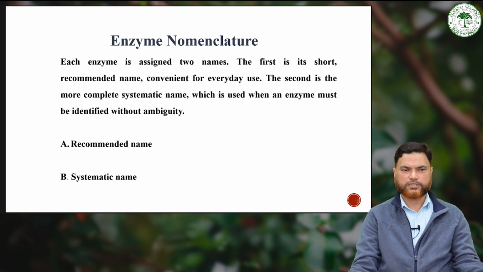So, the systematic name, you see, is the naming of enzymes by convention. Enzymes are categorized into 6 major classes, each with numerous subgroups, and the systematic name assigns the suffix ase to a comprehensive description of the chemical reaction catalyzed, incorporating the names of all the substrates involved in the reaction. For example, lactate NAD oxidoreductase.